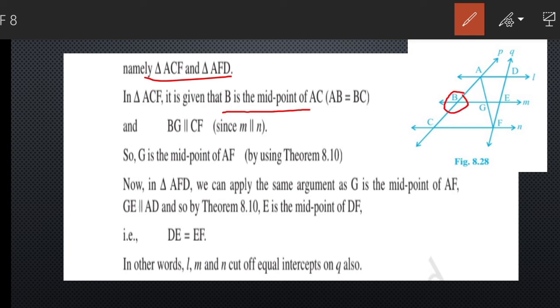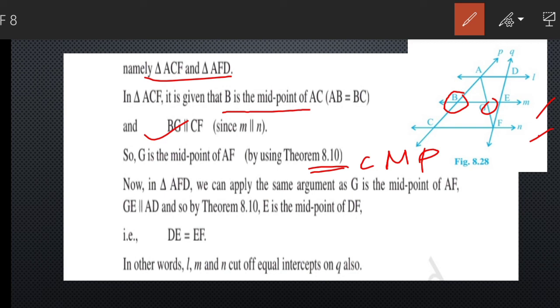So the line M drawn from B, we can say BG is parallel to CF, since M and N are parallel to each other. So by converse of MPT, we can prove that G is the midpoint of AF.